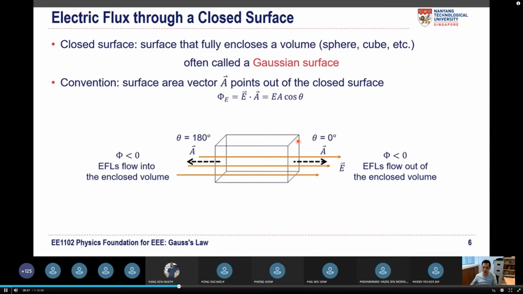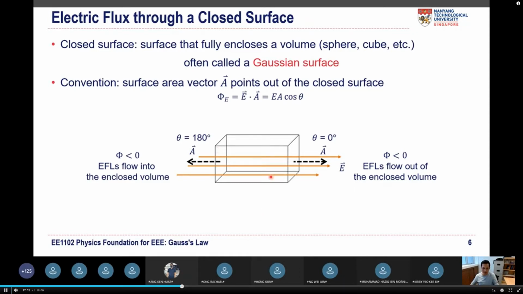Okay. What about this top part of this rectangular block? Which way would the A be pointing? It will be pointing upward, like that. And then the one down there is going to be pointing downward, because that is what it means by pointing out of the closed surface.